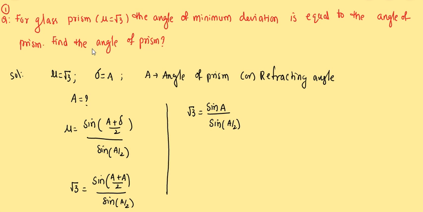There is a formula in mathematics. That is, sine 2 theta we write as 2 sine theta cos theta. Or if sine theta is there then we write this as 2 sine theta by 2 cos theta by 2.